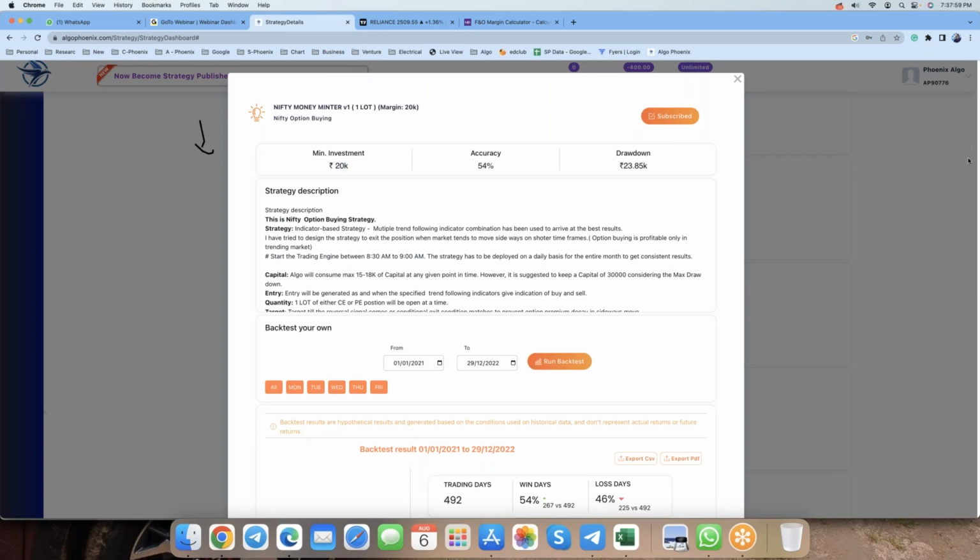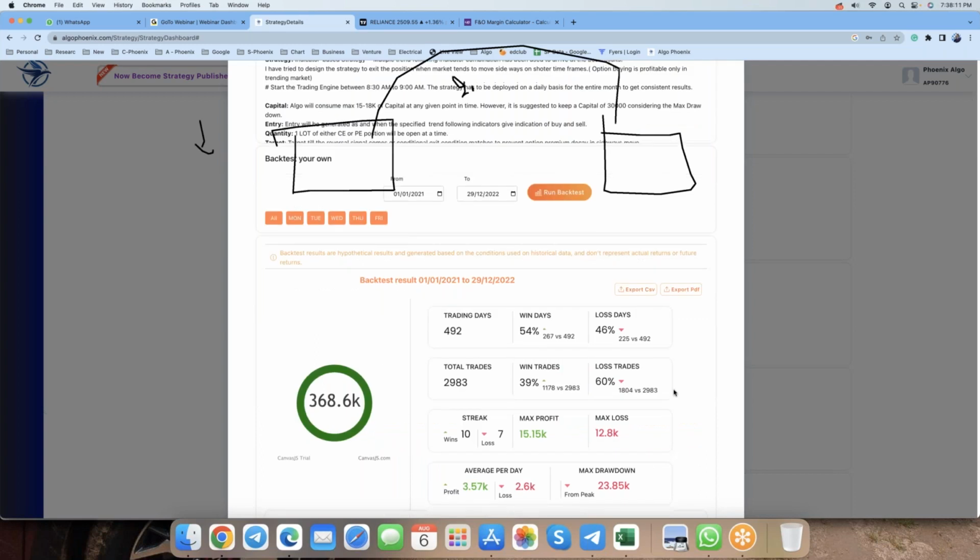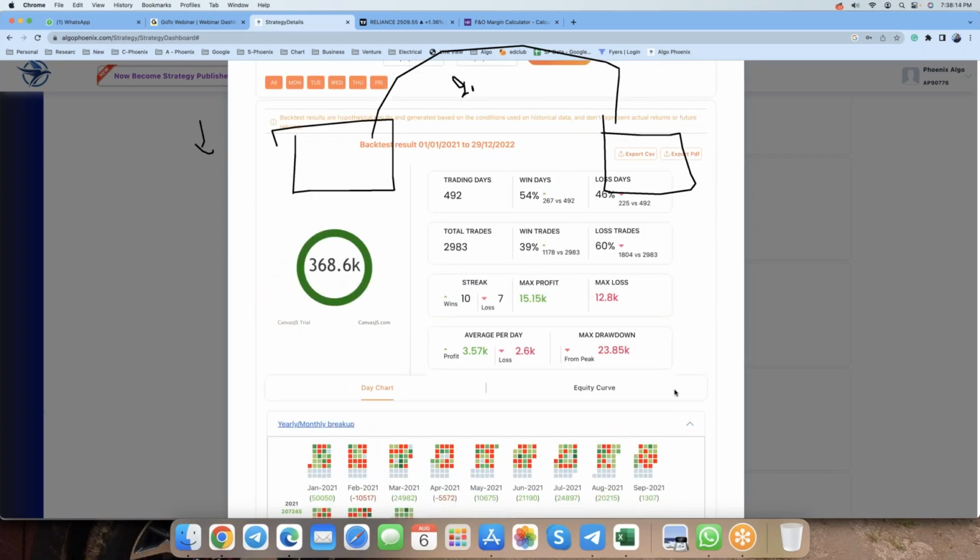Now this is one negative I've seen. For a 20k investment, the drawdown is 23k, which means that at any point of time there is a risk of my entire capital getting wiped off. The strategy has given continuous losses one time in the last 1 year for 23.85k.